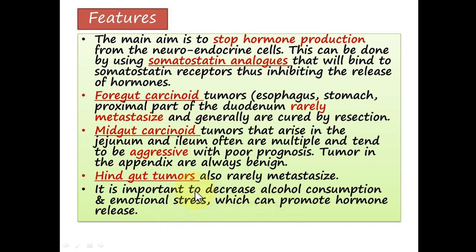So we must advise the patient as much as possible to avoid emotional stress and to quit alcohol, and this will give considerable relief of the symptoms that occur in the carcinoid syndrome.